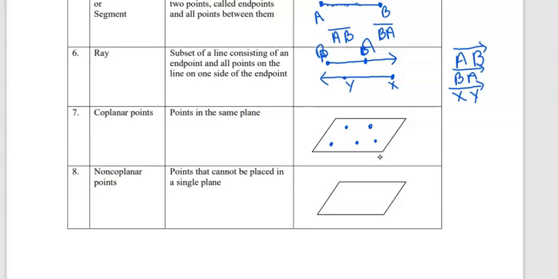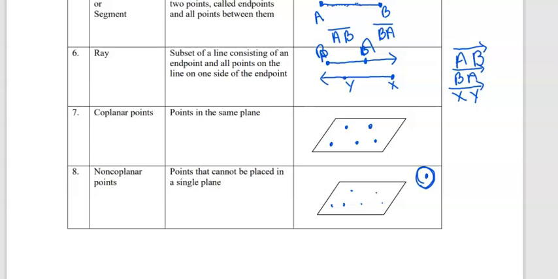Non-coplanar is if there's a point that's not within that plane. So here we would have points in here that are coplanar, but this point out here specifically is not within that plane. So it's a single point, any point that is not placed in a single plane. There are many planes. There are planes all around us.